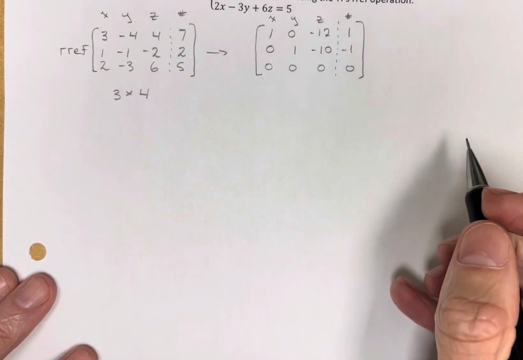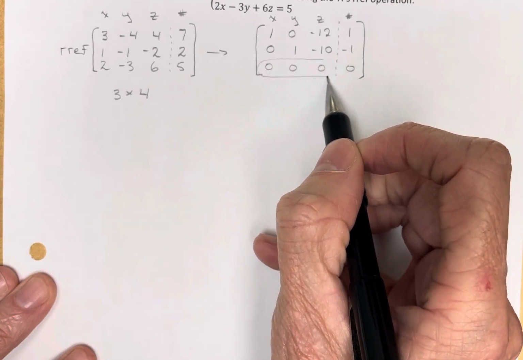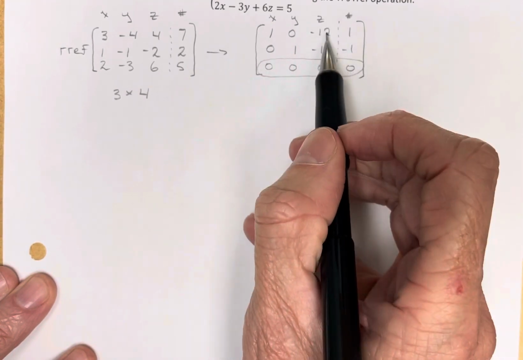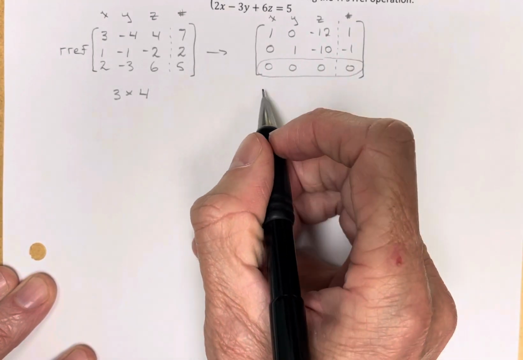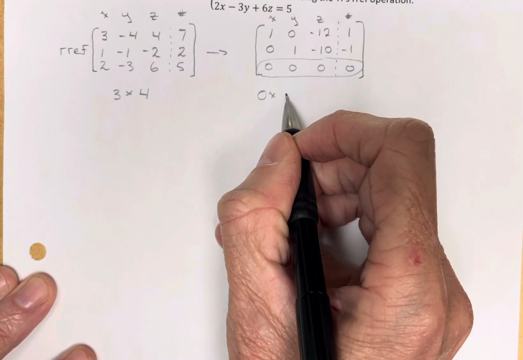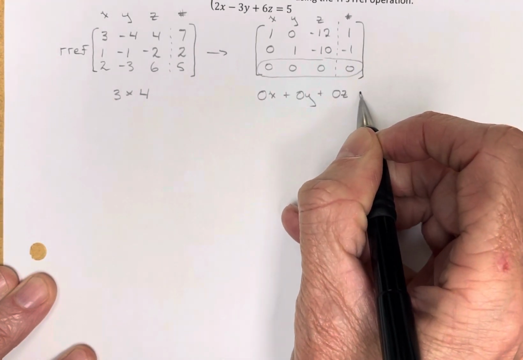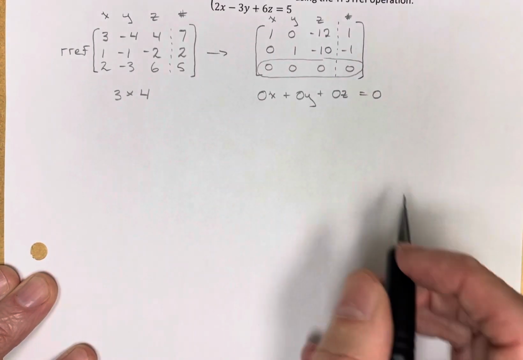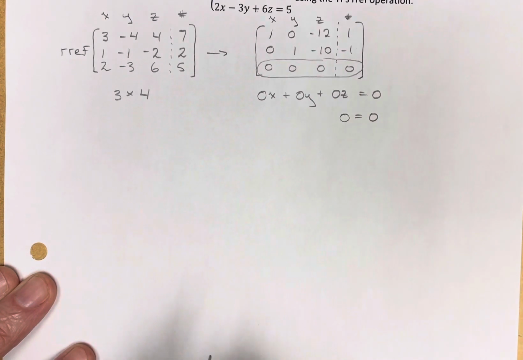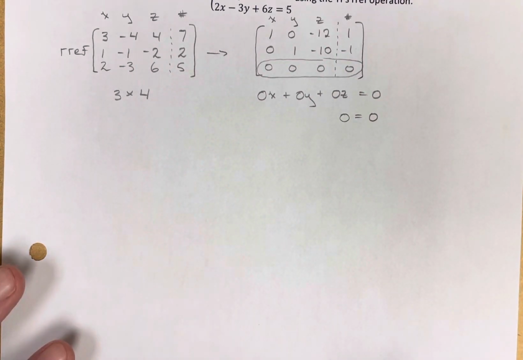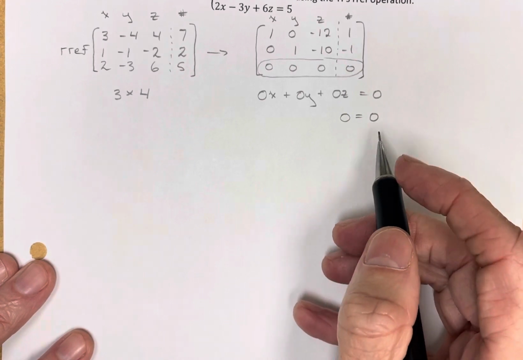And let's focus on the 3rd row, right there. You also notice we got numbers up here we shouldn't have. But anyways, let's focus on that 3rd row. This tells us 0x plus 0y plus 0z is equal to 0. Well, no kidding. This tells us that 0 equals 0. Well, that's always true. You know, that's a given. No matter what x, y, and z are, 0 is equal to 0.